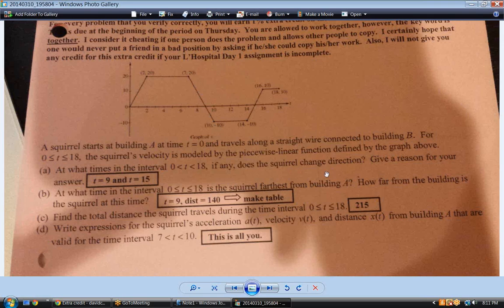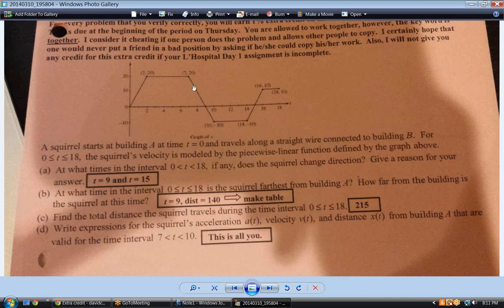Down 30 over 3. Minus 10 would be the slope of that. So during the entire time from 7 seconds to 10 seconds, the acceleration is minus 10. Minus 10 feet per second per second.